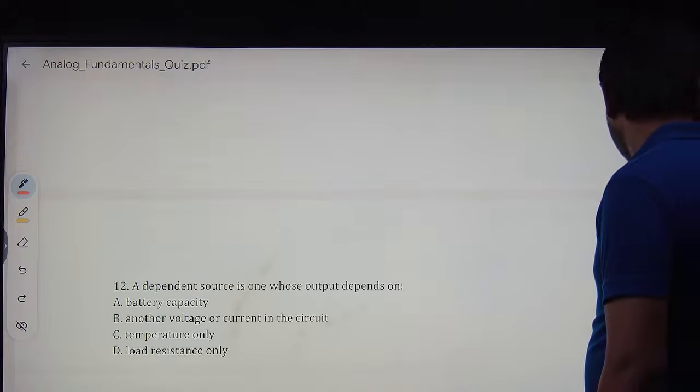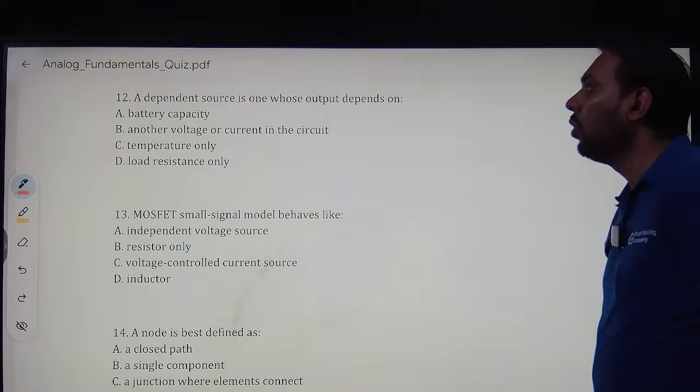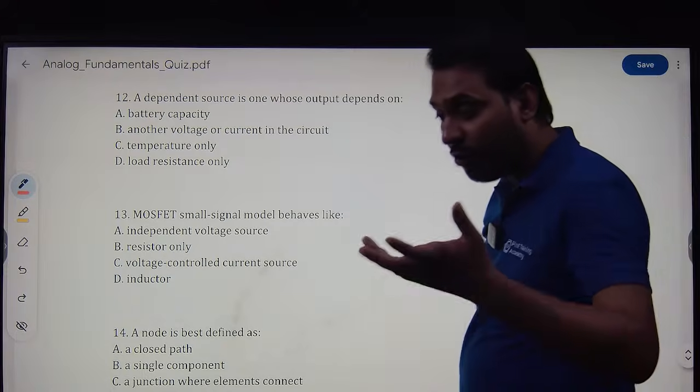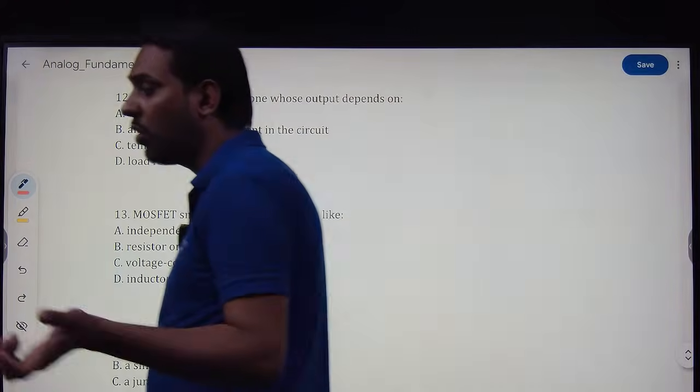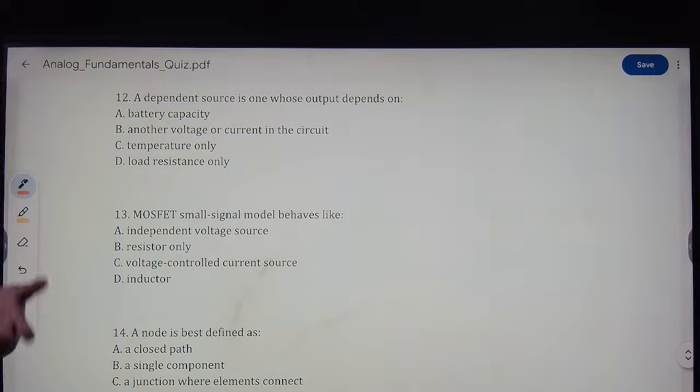Let's talk about 12th. A dependent source is one whose output depends on what? We have 4 types of dependent source: voltage controlled voltage source, voltage controlled current source, current controlled voltage source, and current controlled current source.